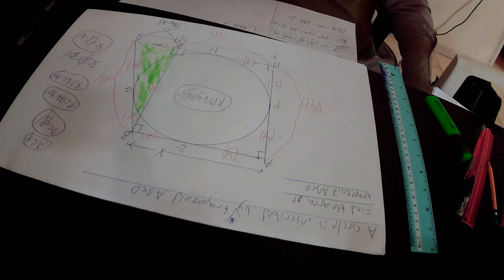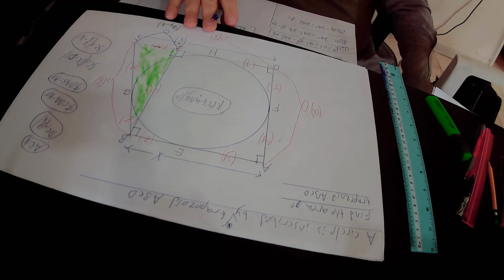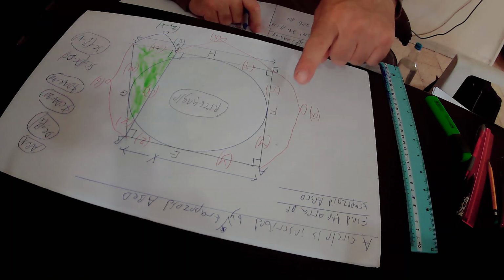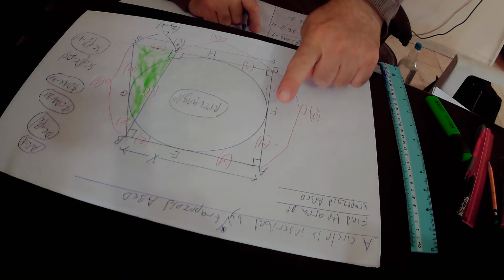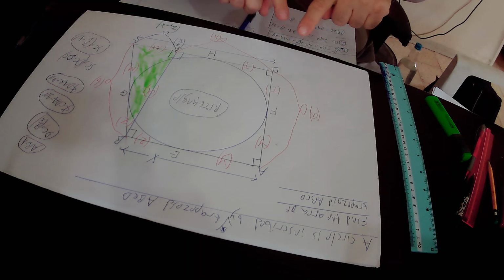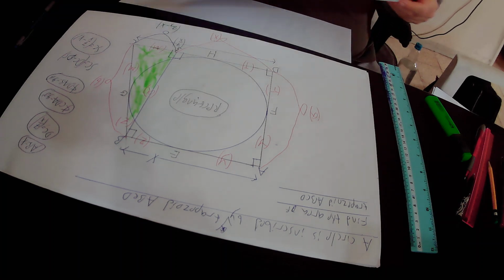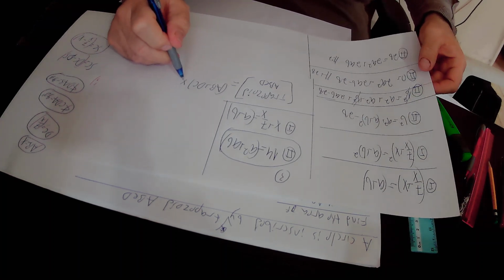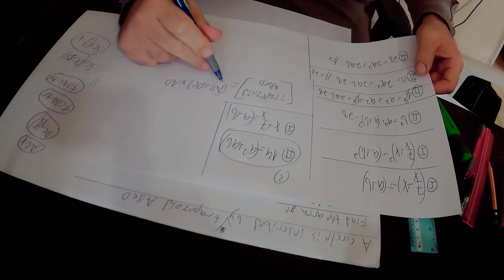The height must create 90 degrees with the two bases. And here you can see that side AD creates 90 degrees with the base AB, and it also creates 90 degrees with the base DC. Therefore the height is AD.